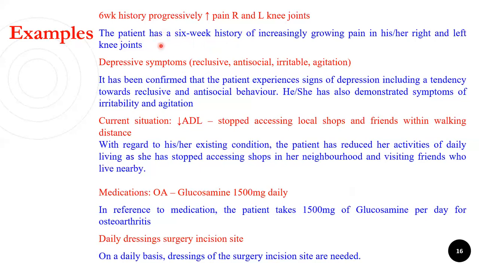So the patient has a 6-week history of increasingly, over here it is progressively, and this is another good point we need to bear in mind: to try as much as possible to paraphrase. Do not use the same set of keywords used in the case notes.